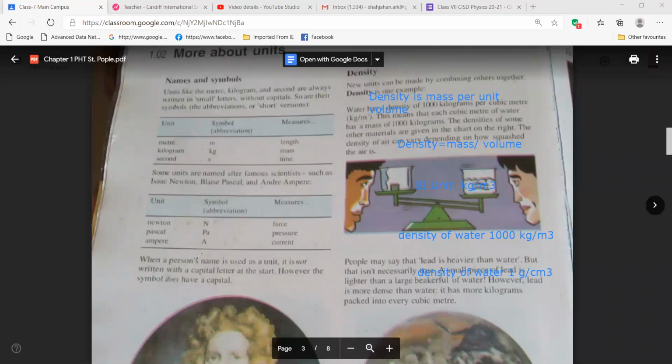Another one we will get afterwards is power. The unit of power is watt, W. That one also is named after a scientist. So this section is more about units, right?